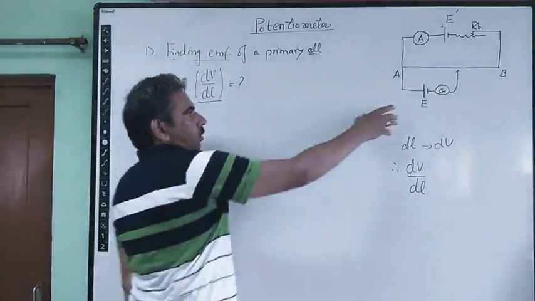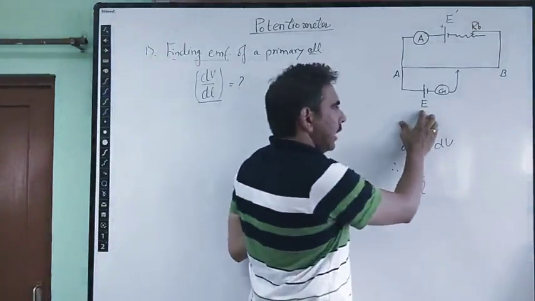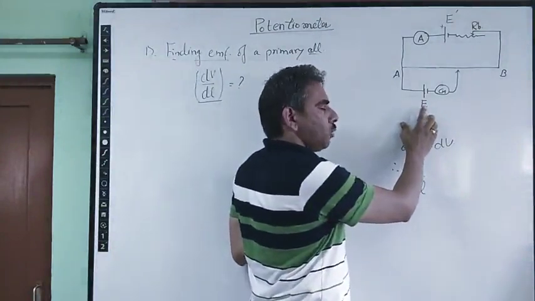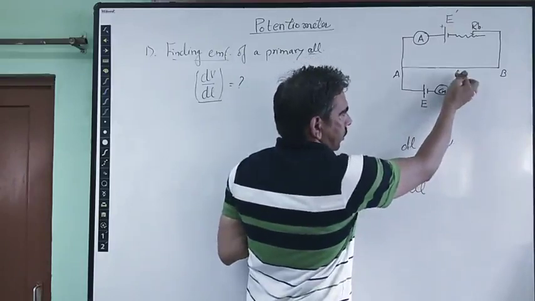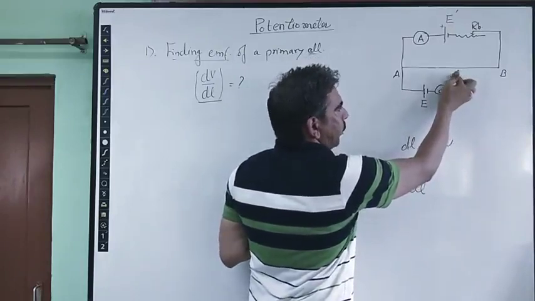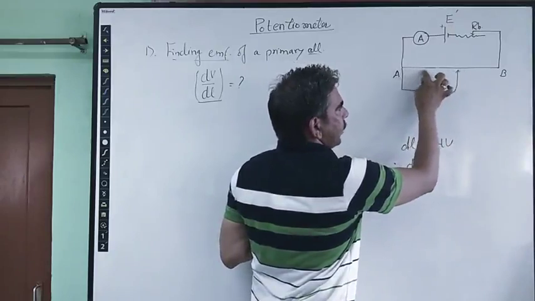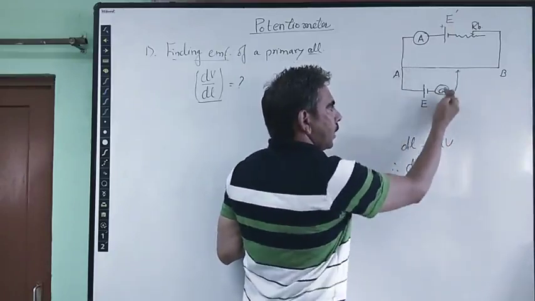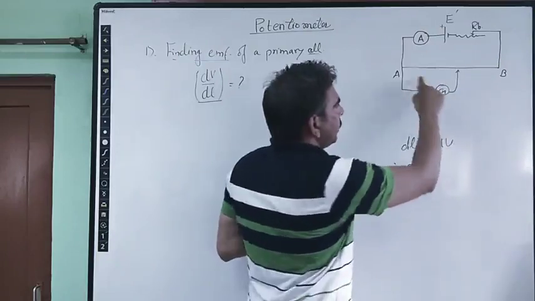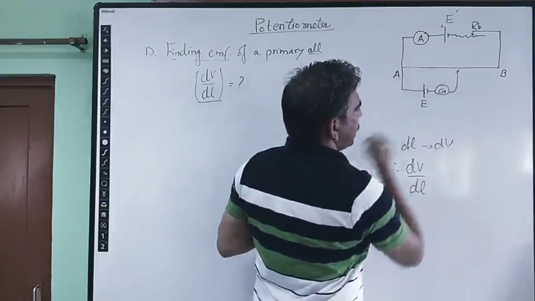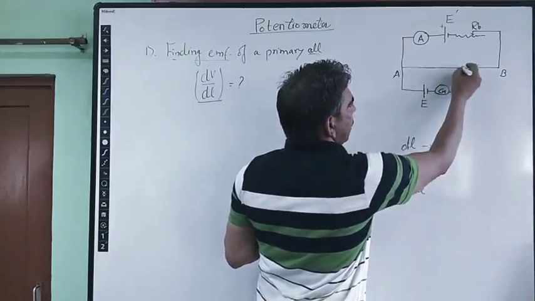So we connect this cell having EMF E, this is the primary cell whose EMF E is to be found in this way, and place the pointer from end A and keep it sliding over the length of the wire. The deflection of the galvanometer will go on decreasing, moving towards 0. There will be one point at which the deflection will be 0 in the galvanometer.